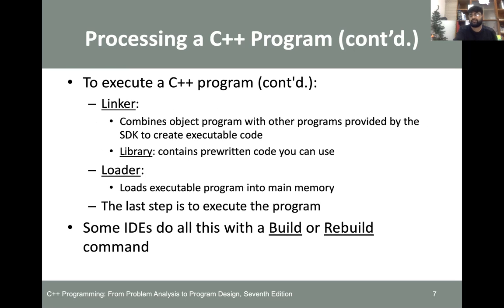After that, for execution, you need to link it with your library files and SDK, standard developer kit files, to create some executable code. And finally, that executable code will be loaded into the main memory for the program to be executed, and then the program is actually executed by the CPU.